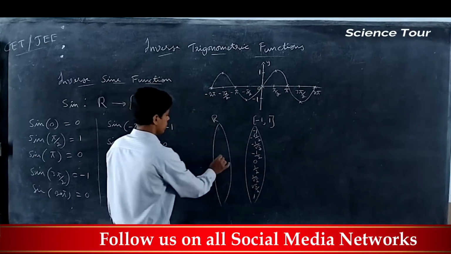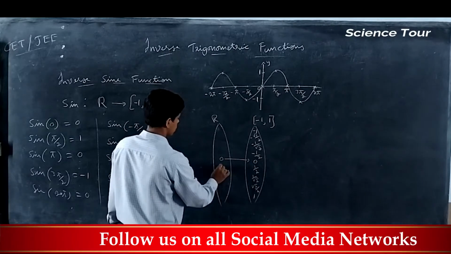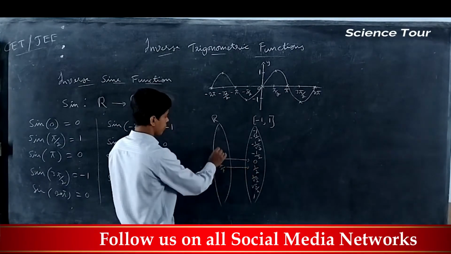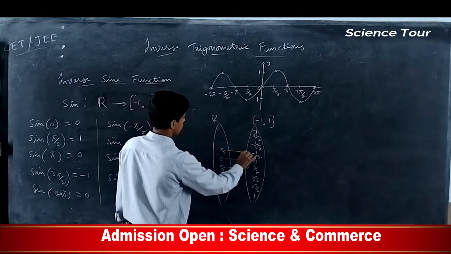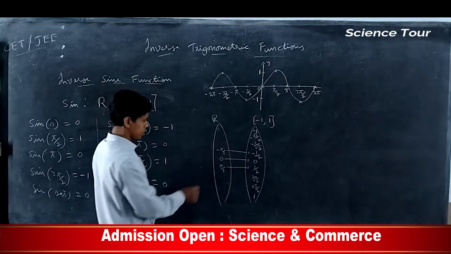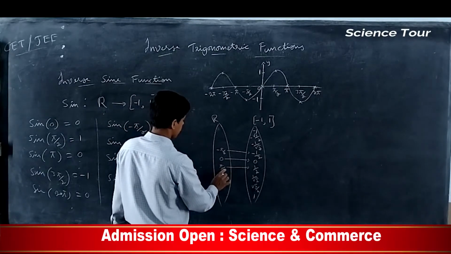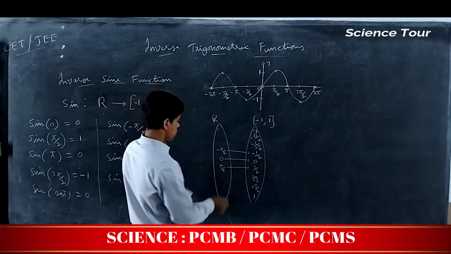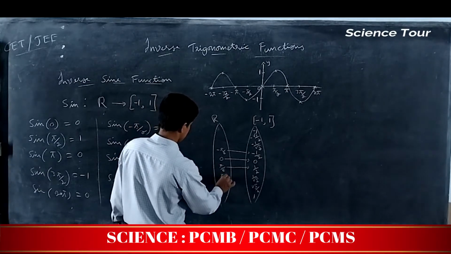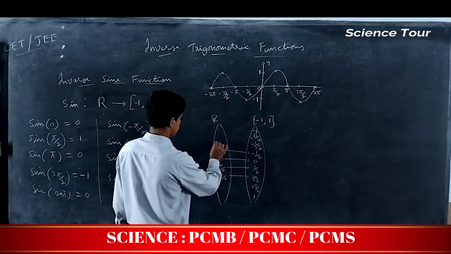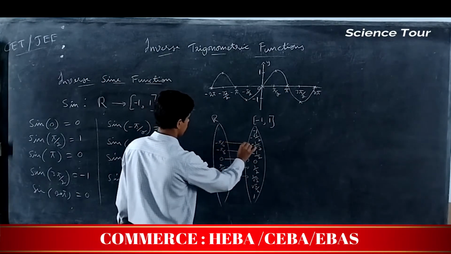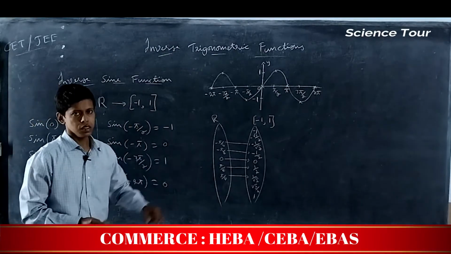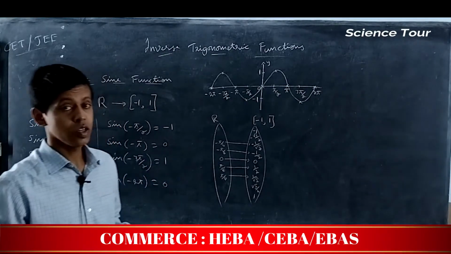Now sine 0 is 0. What about pi by 3? Pi by 3 will go to half, minus pi by 3 will go to minus half. Sorry, 60 degrees. And then you have pi by 4 going to 1 by root 2, and minus pi by 4. Now this looks like it is 1-1, but is it actually 1-1?